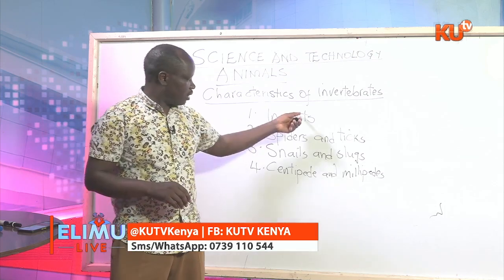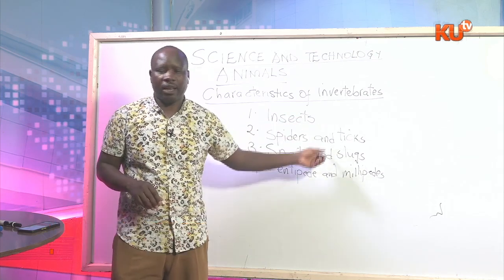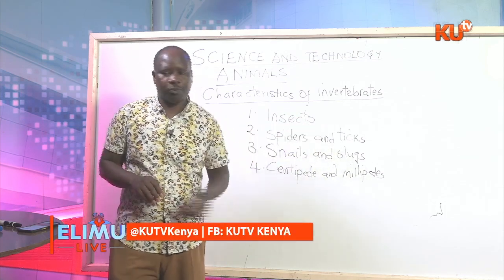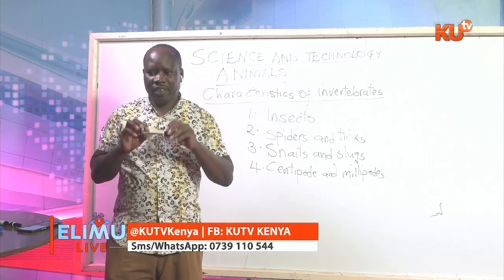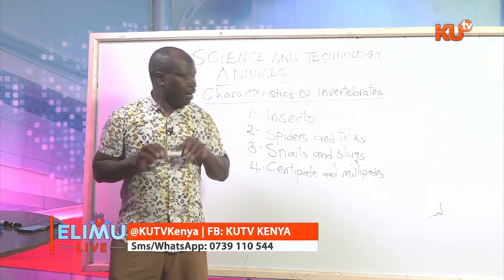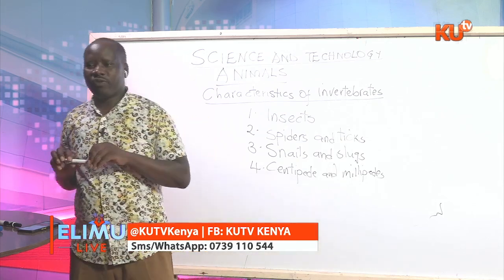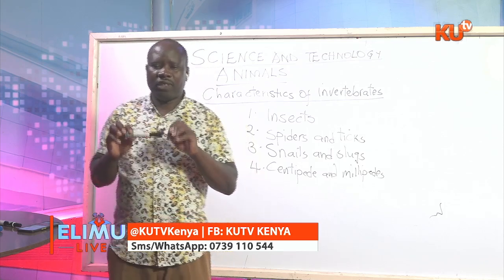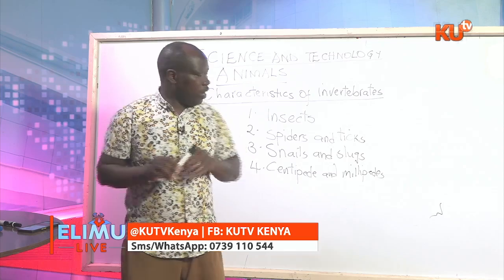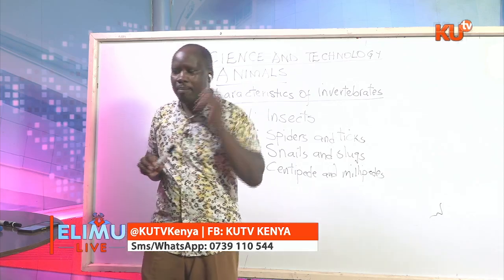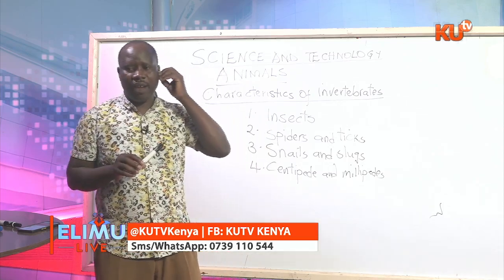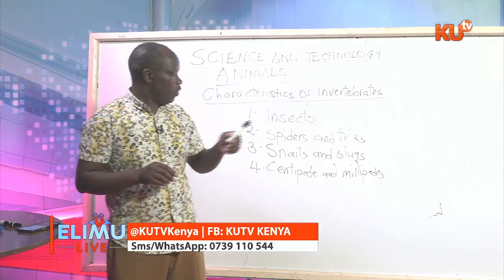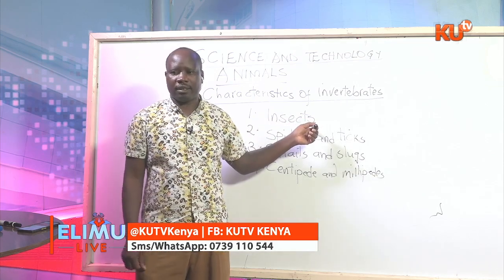Now, having got these 4 categories or 4 groups of invertebrates, let's move and see the characteristics of each of them to explain why we put some animals like a bee, a housefly, a butterfly, an ant, in the group of insects.